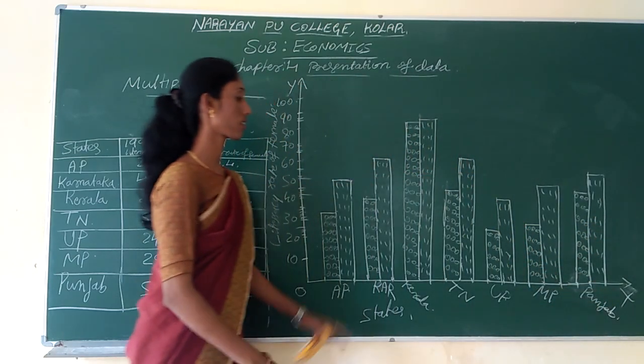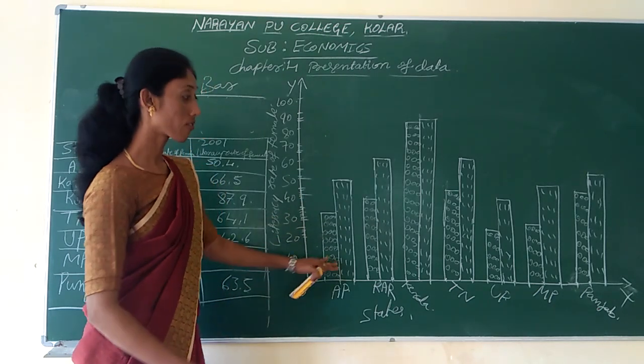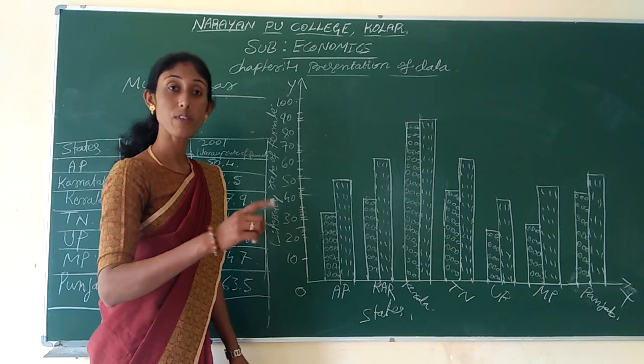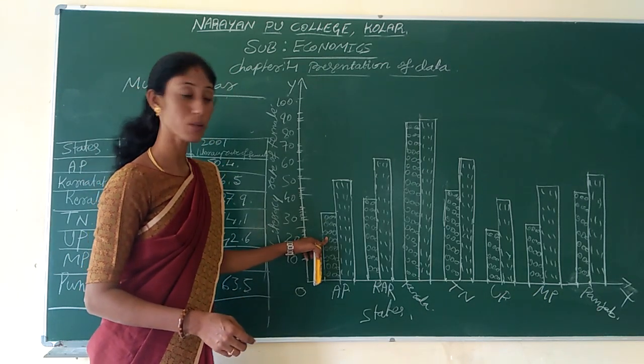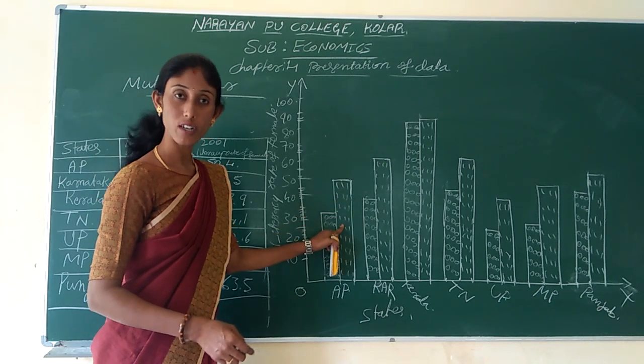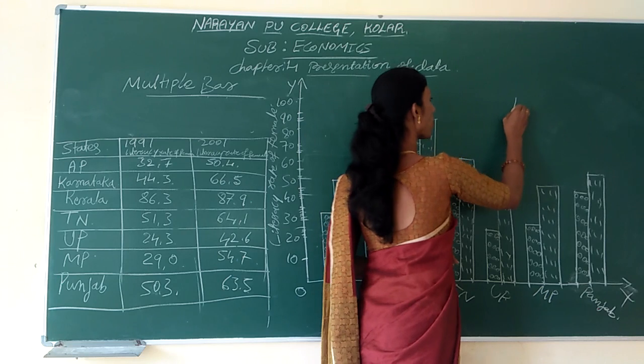This is how we represent the multiple bar diagram. After showing this, we need to give a sample box. It means what the circle bar is going to represent, and what the dotted bar is going to represent, we should write in a sample box.